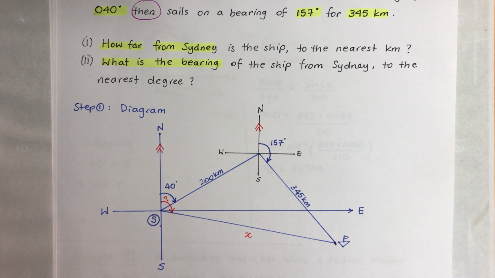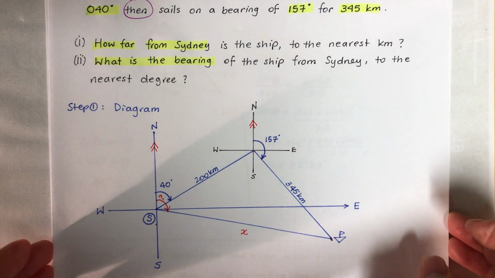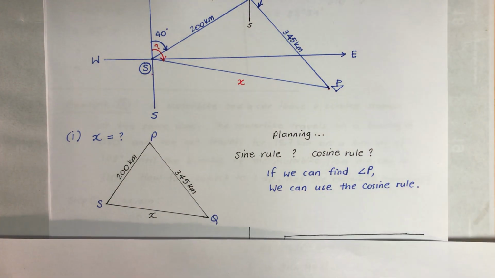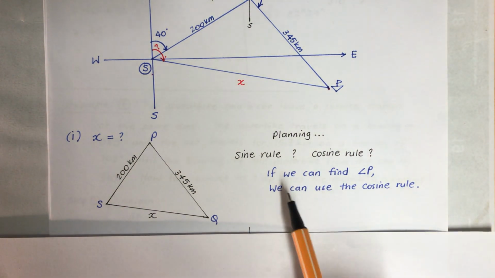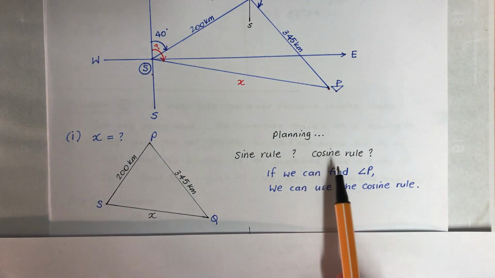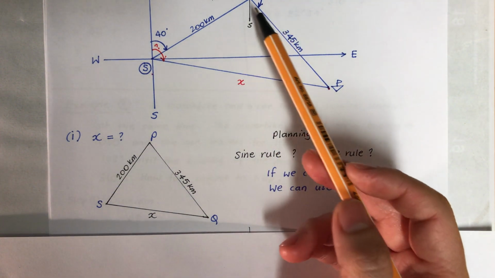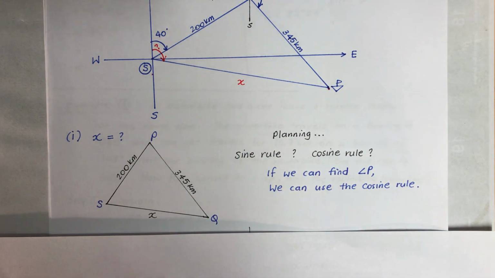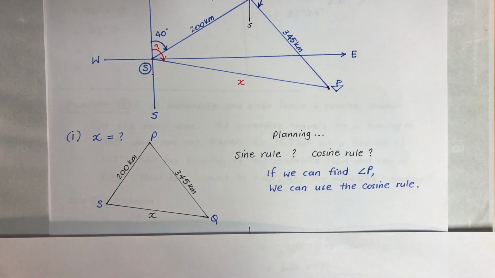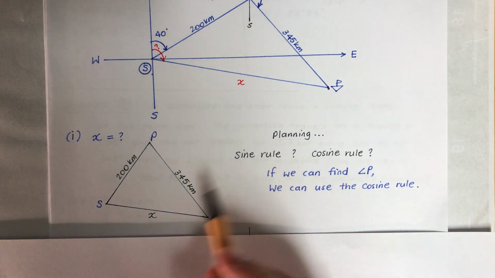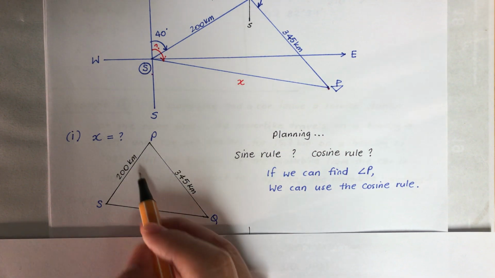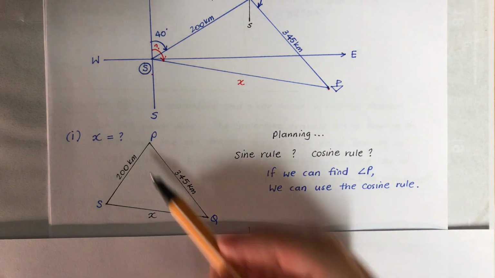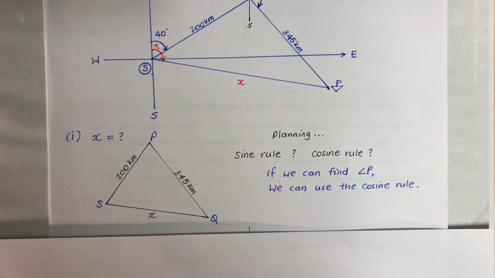So you need to think about this. So we need to plan. So let's have a look at this. Can I use sine rule or cosine rule? So I sketch this again here, so it's clearer and easier for us to calculate. I don't think we can use sine rule here because I can't match up any angles.